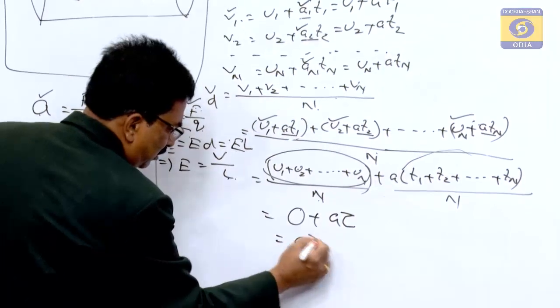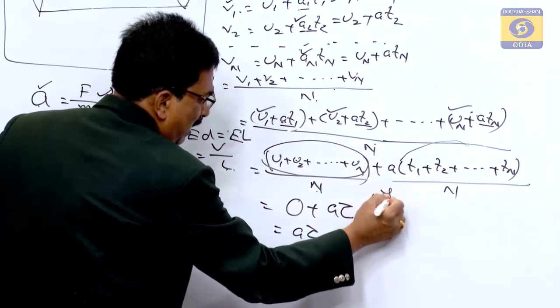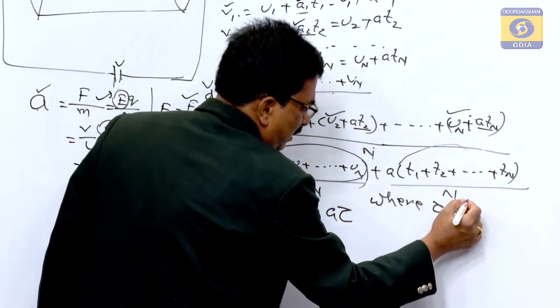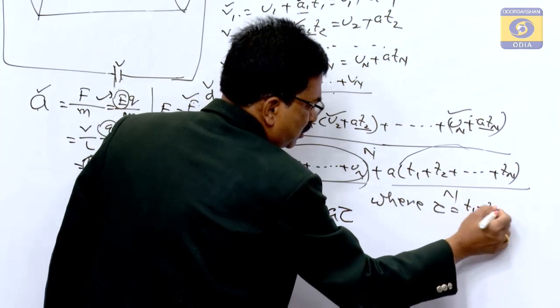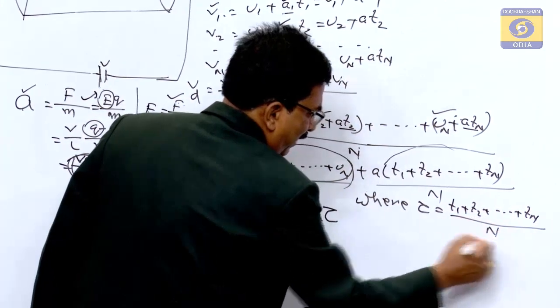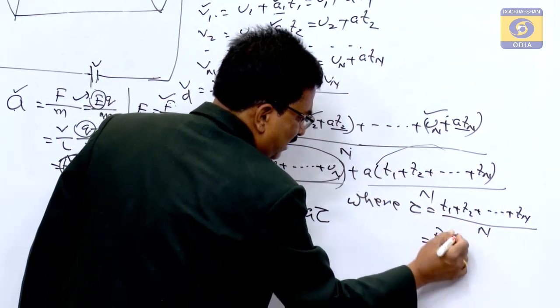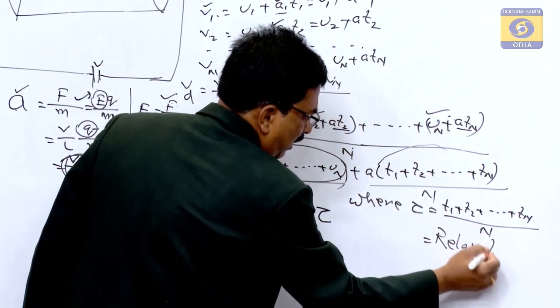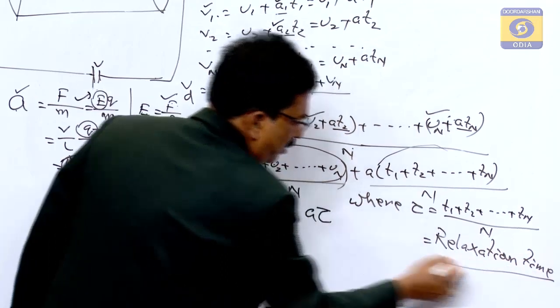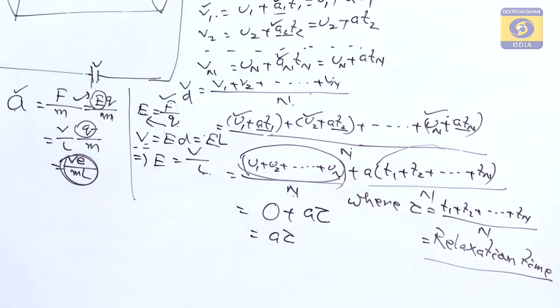So this is equal to A tau, where tau is equal to T1 plus T2 up to Tn divided by N, and is called the relaxation time.